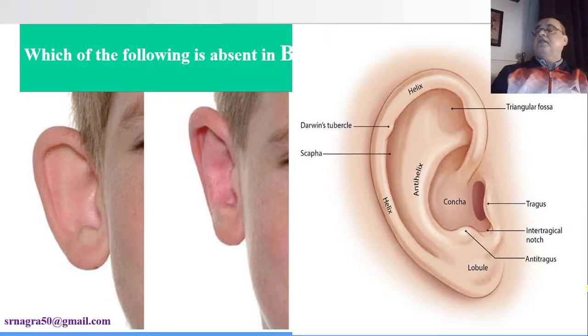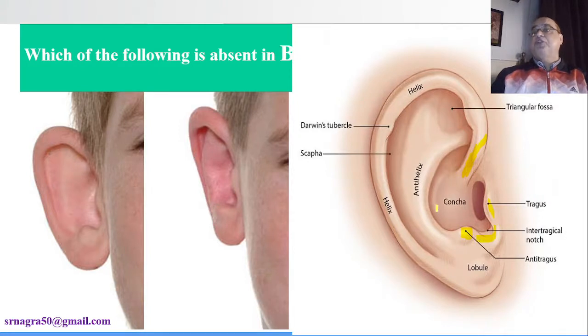Pinna, you know that there are different ridges and grooves, and we label them: the outermost is called helix, then this portion is called crus of helix. The portion which is covering the external auditory canal is called tragus, then opposite to tragus is antitragus, and in between antitragus and tragus is the intertragic notch.